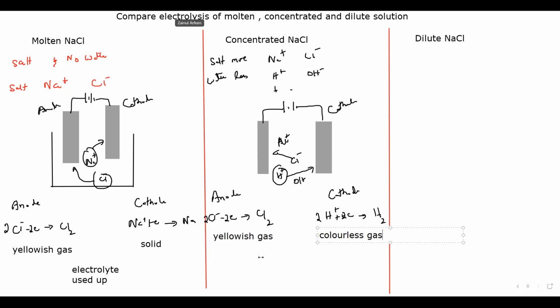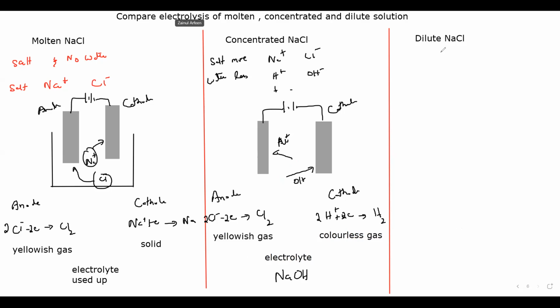And what happened to electrolyte? Electrolyte means what you're left with. Hydrogen is being removed, Cl is being removed, so you're left with NaOH. The electrolyte will turn into NaOH.